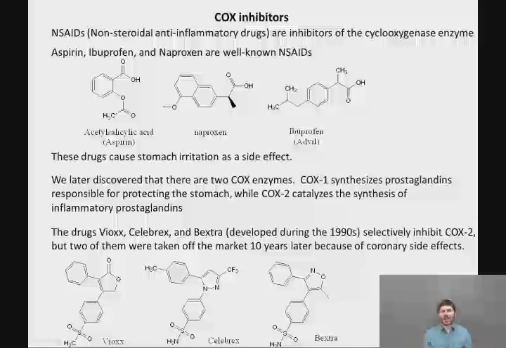So what that usually means is that they have changed the functionality at the central 5-membered ring heterocycles. Okay, so these COX-2 inhibitors prevent the synthesis of inflammatory prostaglandins by selectively inhibiting the enzyme responsible for their biosynthesis.